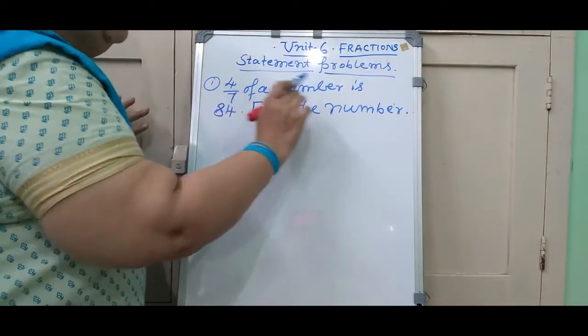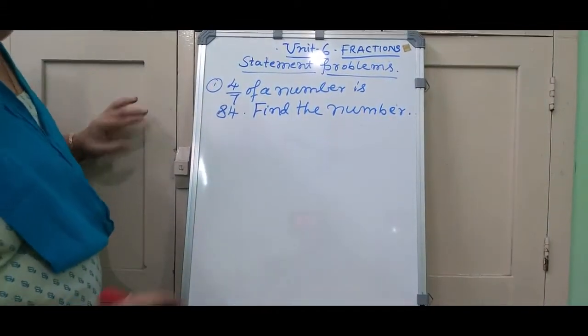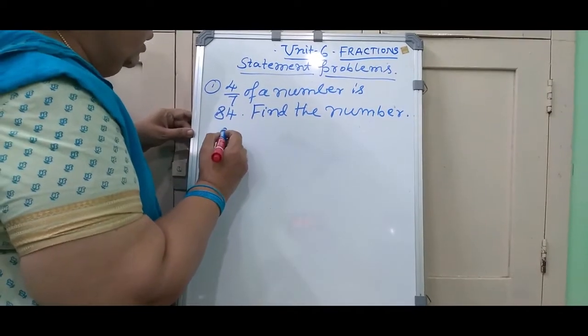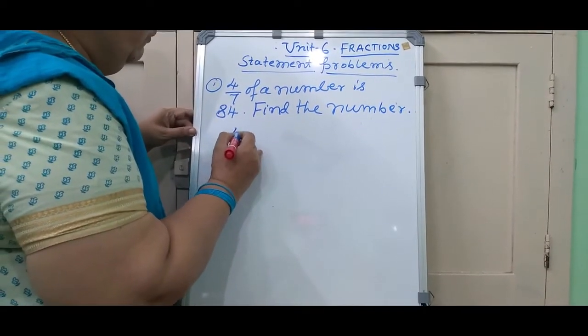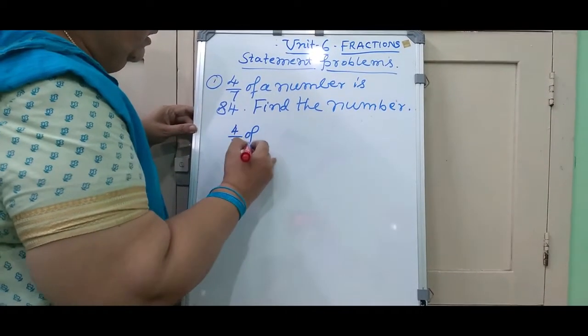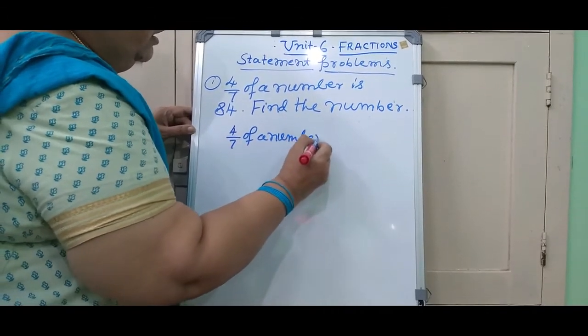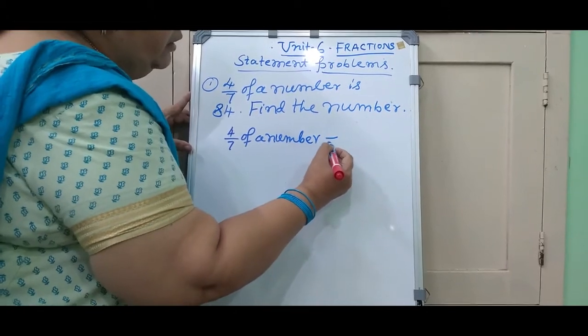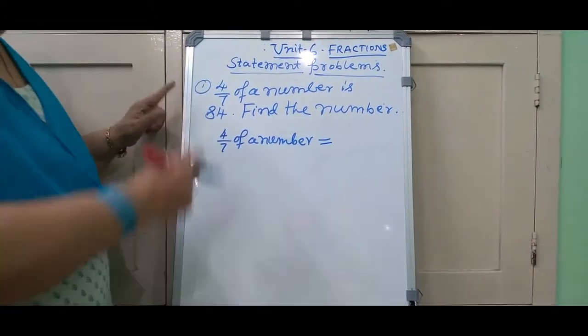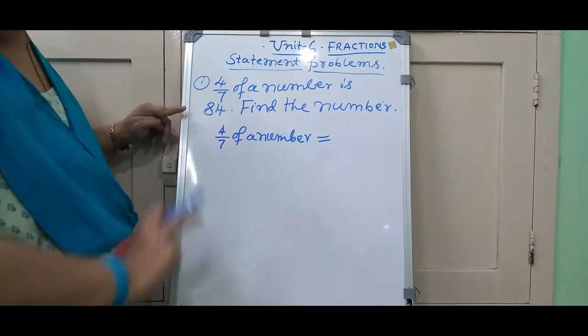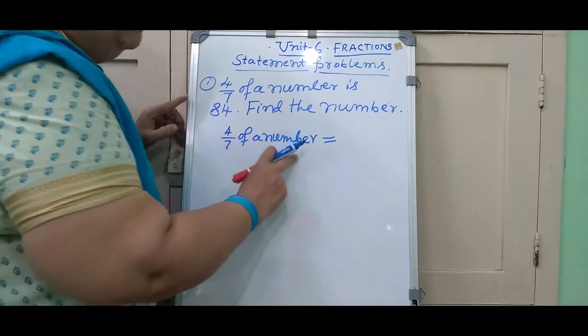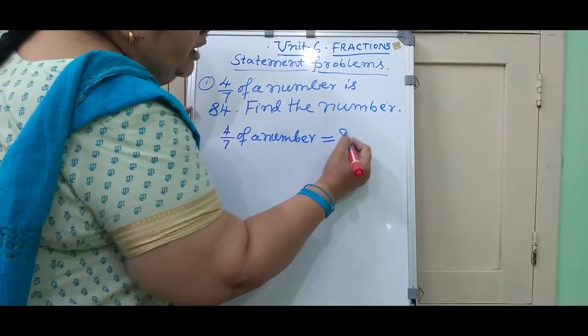So 4 by 7 of a number is 84. So here let me write the same thing. 4 by 7 of a number equals 84.